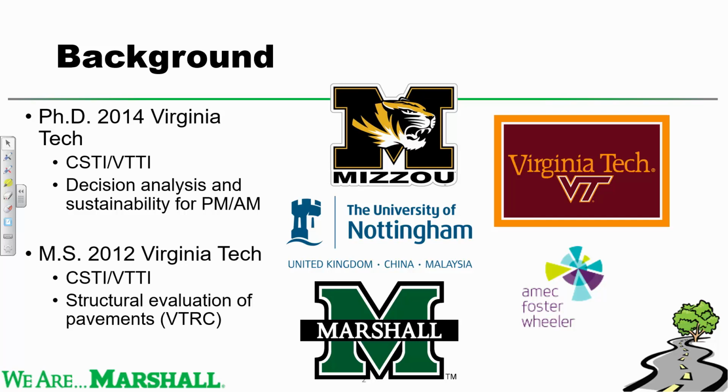I did my undergrad at the University of Missouri, go Tigers. I graduated there in 2008, so I'm still in the generation that absolutely despises the University of Kansas with all my heart. It's really hard because apparently here on Marshall campus there's a lot of Jayhawks, KU graduates. Really tough to go through.